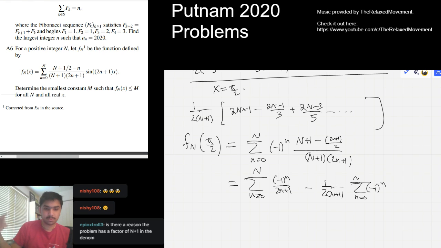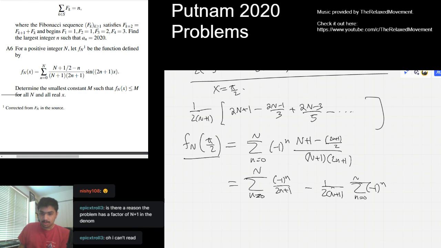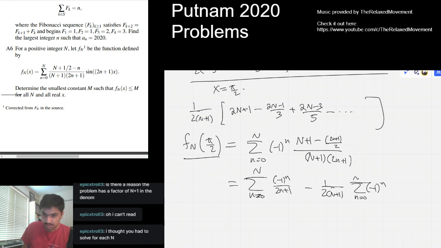Otherwise, the maximum would just keep growing and growing. So they want to make you analyze all capital N at once. Do you see? Otherwise, f of N at pi over 2 would be growing with n. Yeah, if you read the problem statement, otherwise it wouldn't make sense.